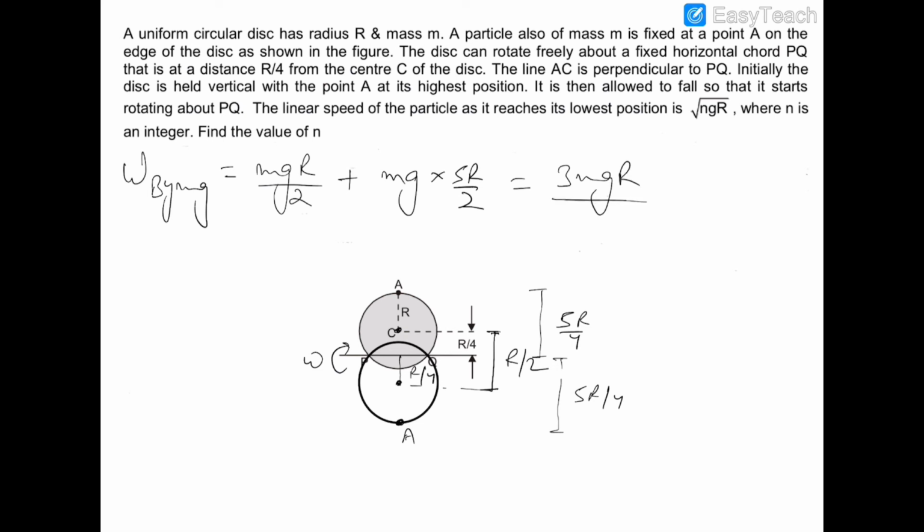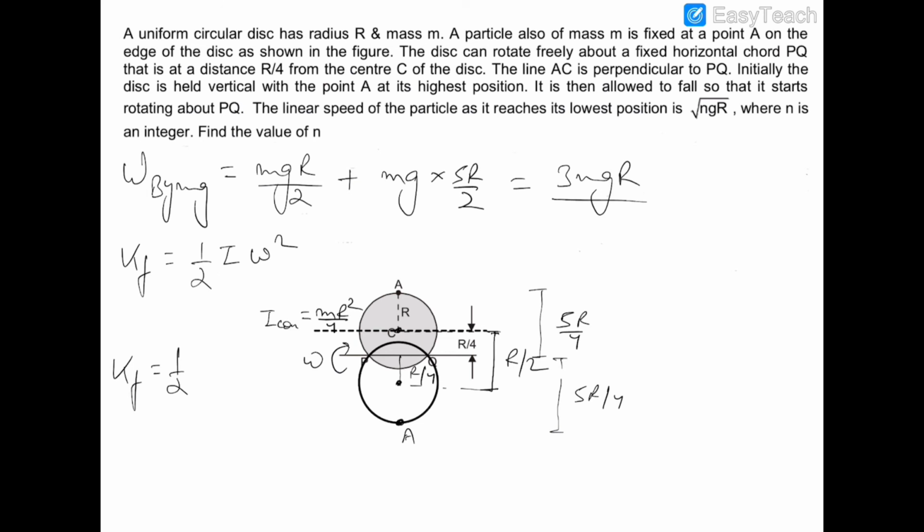Now this total work done would be the final kinetic energy of the system, and that final kinetic energy would be half I omega square. So the final kinetic energy will be half the moment of inertia of the disk about this axis. We know, I'm drawing that. So this is the axis, and the moment of inertia of this disk about this COM axis is m r square by 4.